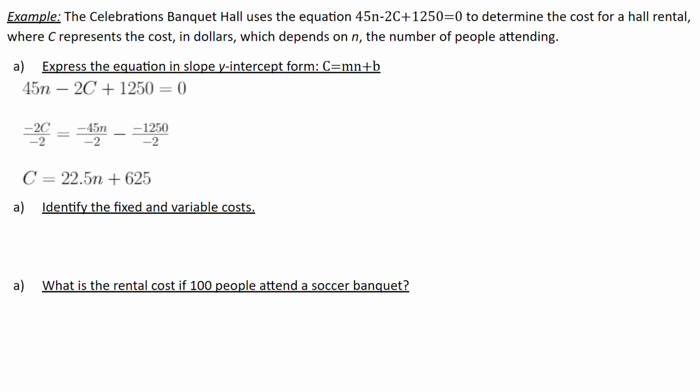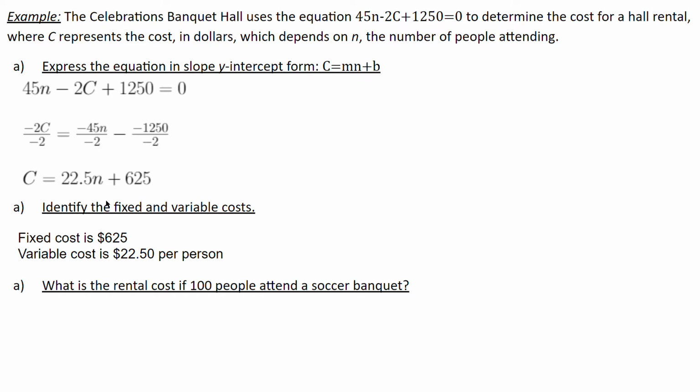Now we can use this equation to identify the fixed and variable costs. We see that the fixed cost is $625 because that's the y-intercept, and our variable cost is $22.50 per person, which is our slope, or our constant of variation.